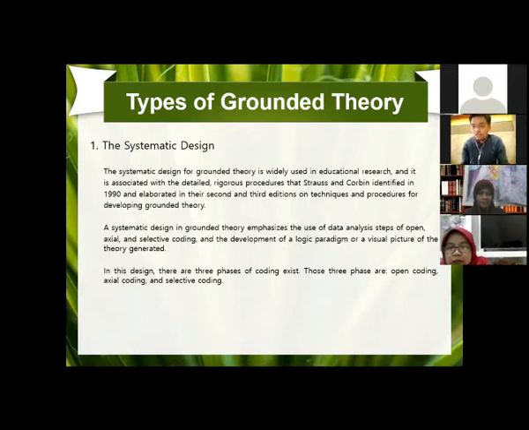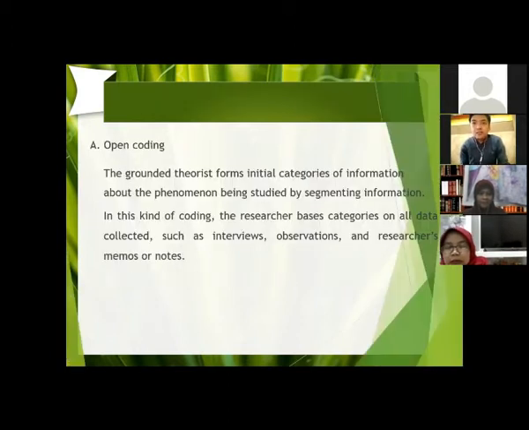So let's move to the basis of this research design. As I have said before, there are three phases. First is open coding, the second one is axial coding, and the third is selective coding. First of all, I would like to talk about open coding.